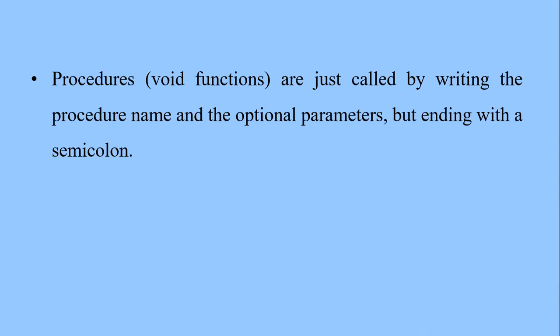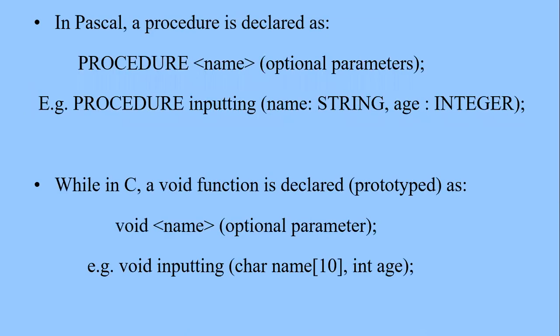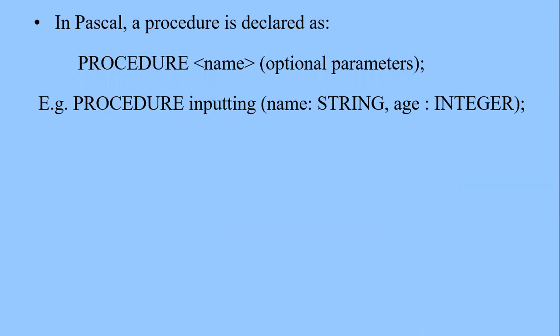Procedures or void functions are just called by writing the name of the procedure and the optional parameters, but ending with a semicolon. So if, for example, you have a procedure declared as inputting, like this one, which I've shown you, this procedure here. So this procedure is called inputting, and this is its declaration.